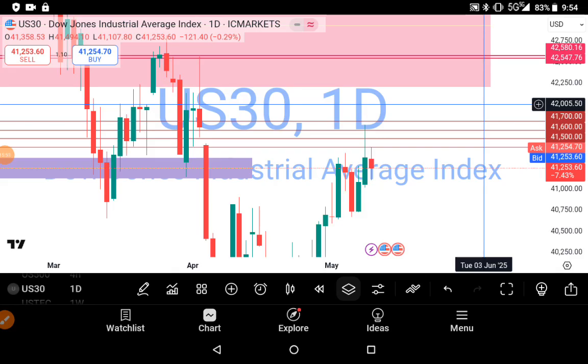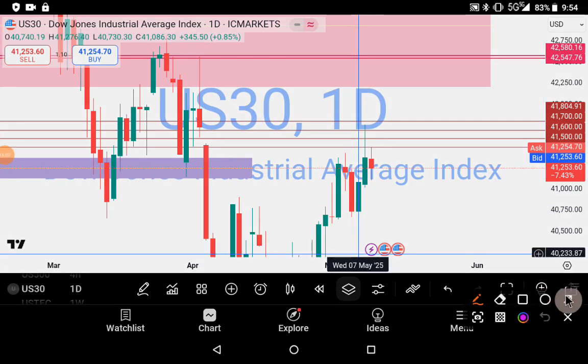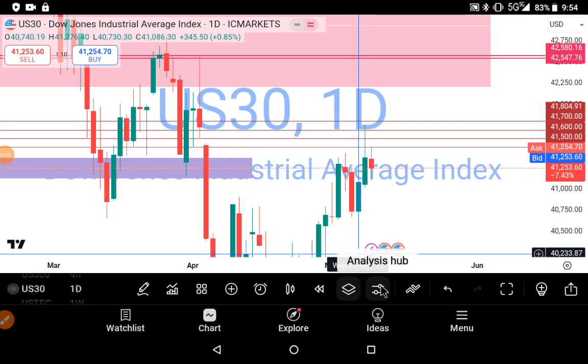As long as the market price does not go below 41,000, and I do not see a daily candle closed below 41,000, then 42,000 is my next target. I think I'm clear enough on that as well.